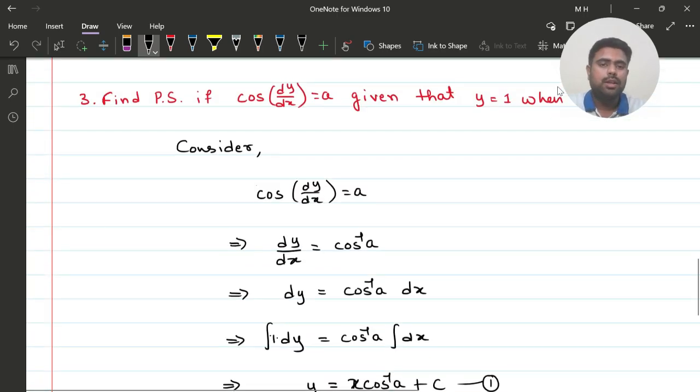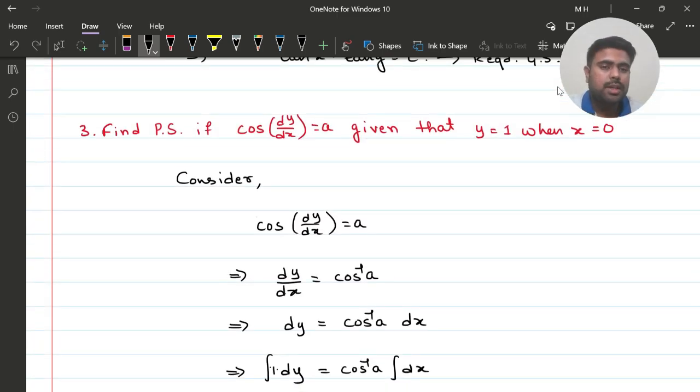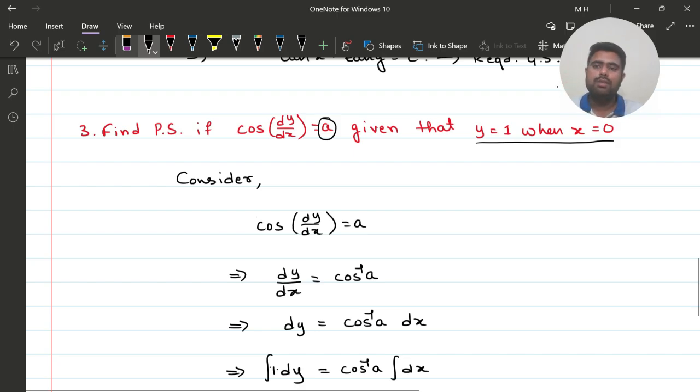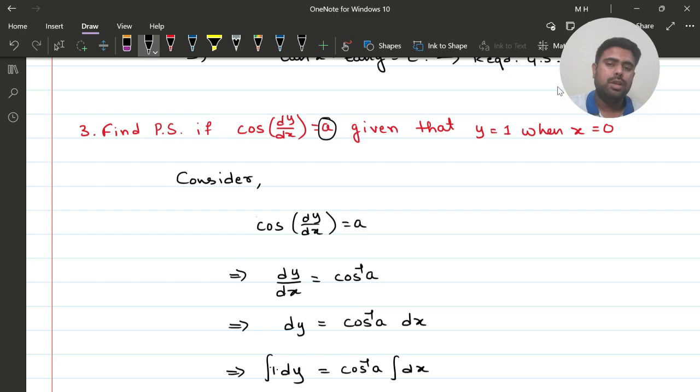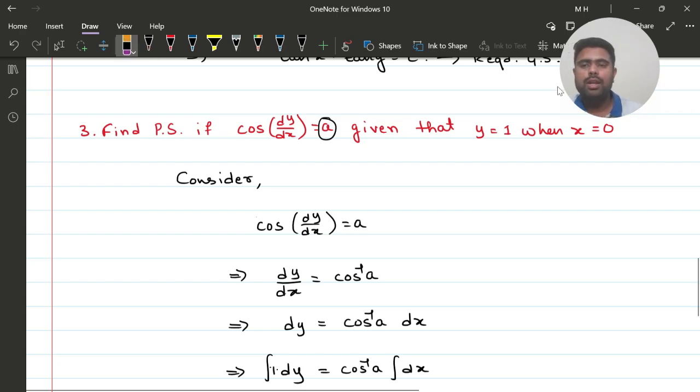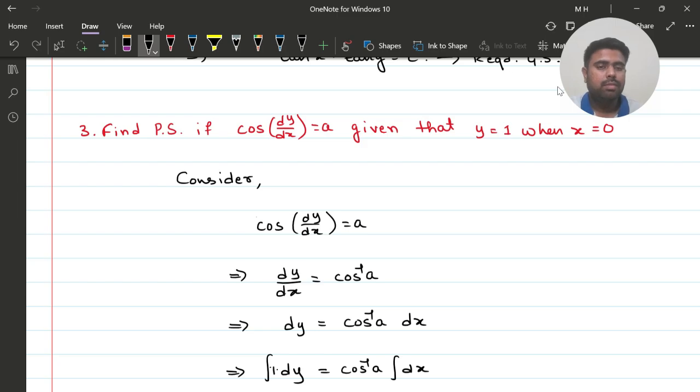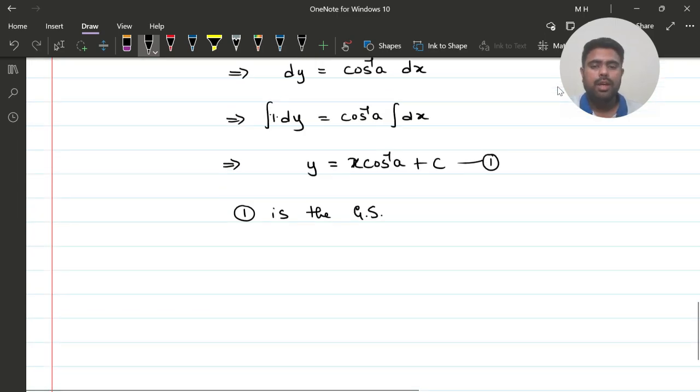Once we have the general solution, we will use this condition to find the integration constant. See, a is the constant that they have given. If they give sufficient data, then we can find the value of a. Otherwise we will have to find the value of c alone. We only have to find the value of the constant and give it to them, we can't do more than that. Substitute y equal to 1 when x equal to 0 in equation 1.